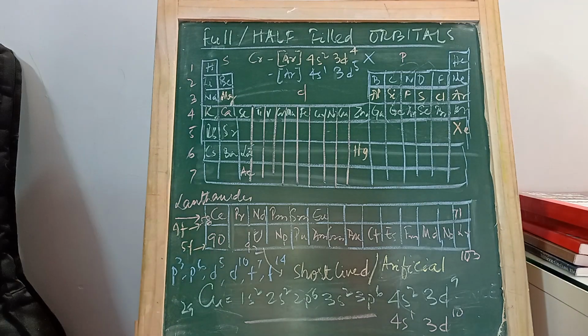Okay, learners, we are coming to the last part of the second chapter, the structure of atom. We are discussing electronic configuration of elements.